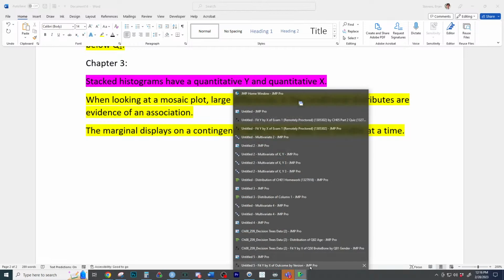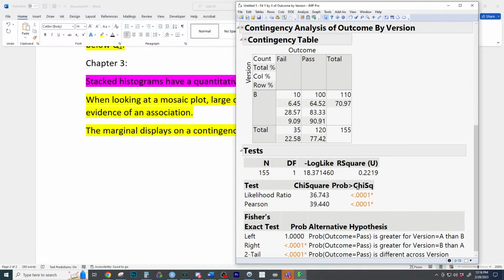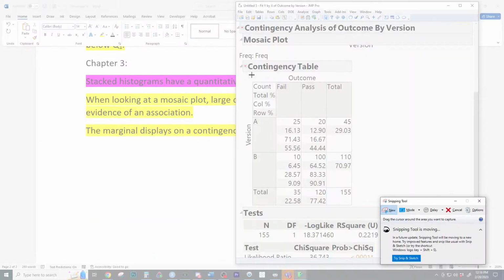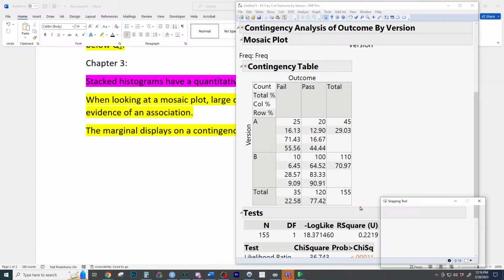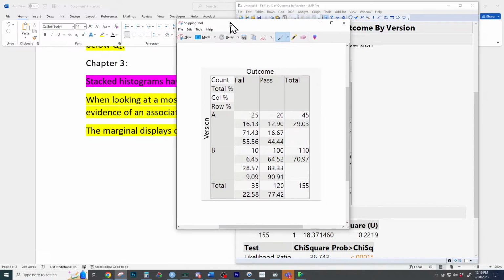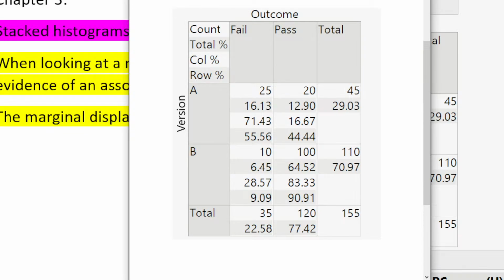If we take a look over here at a contingency table, where are the margins at? The margins are on the outside. So when we look at a marginal display, the marginal display is down here. This is the marginal display of what?